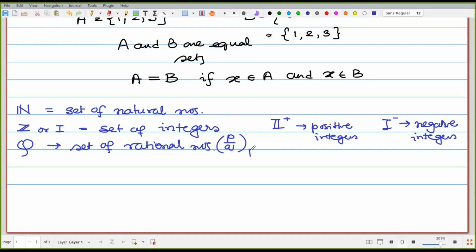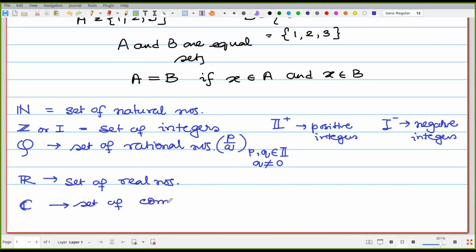So we can say P, Q both belonging to I, that means the set of integers, but Q is not equal to 0. Another one that we have already discussed is capital R, the set of real numbers. And a very common another one is capital C, the set of complex numbers.